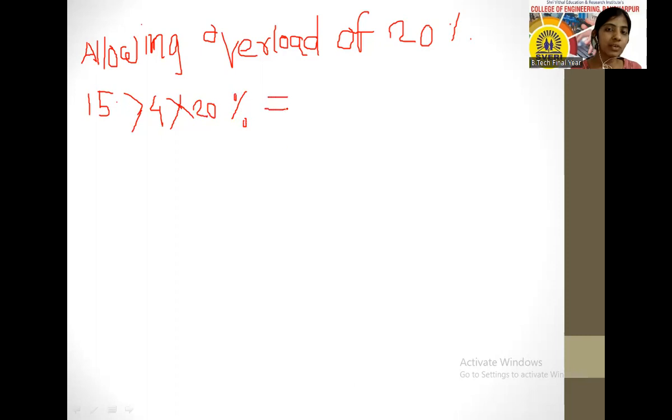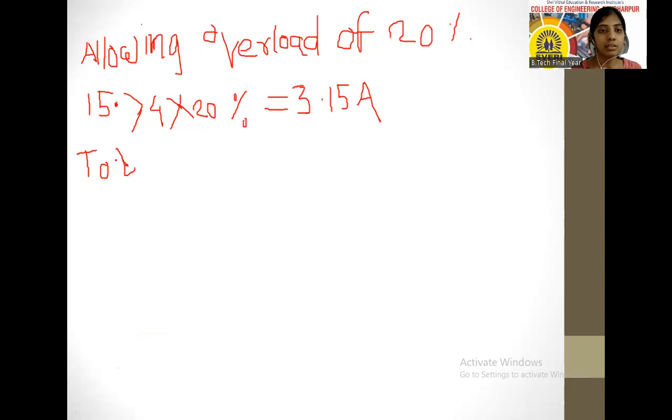So how much current will it come? 20% of the 15.74 is 3.15. 3.15, correct. So this much amount of current will be greater. So while considering the total current, we have to add this 20% current into the actual current flowing.